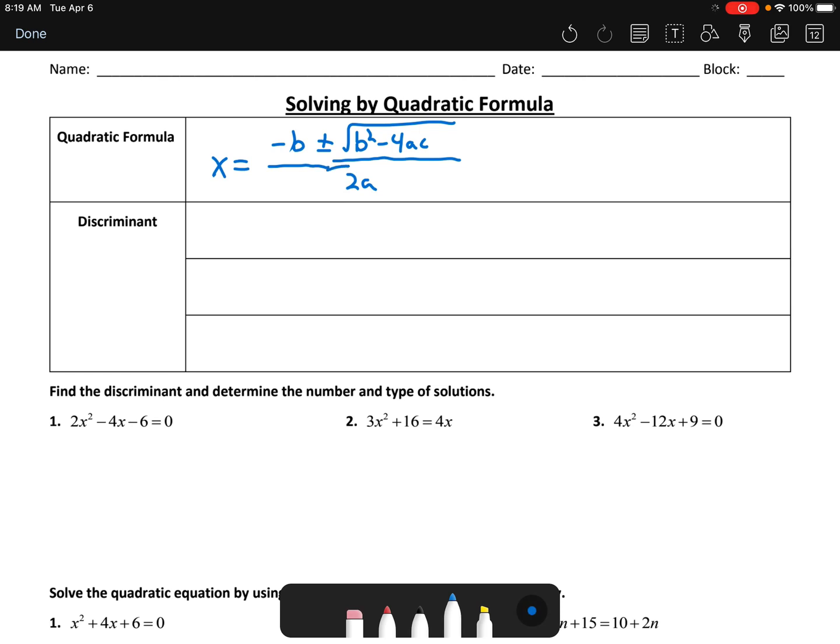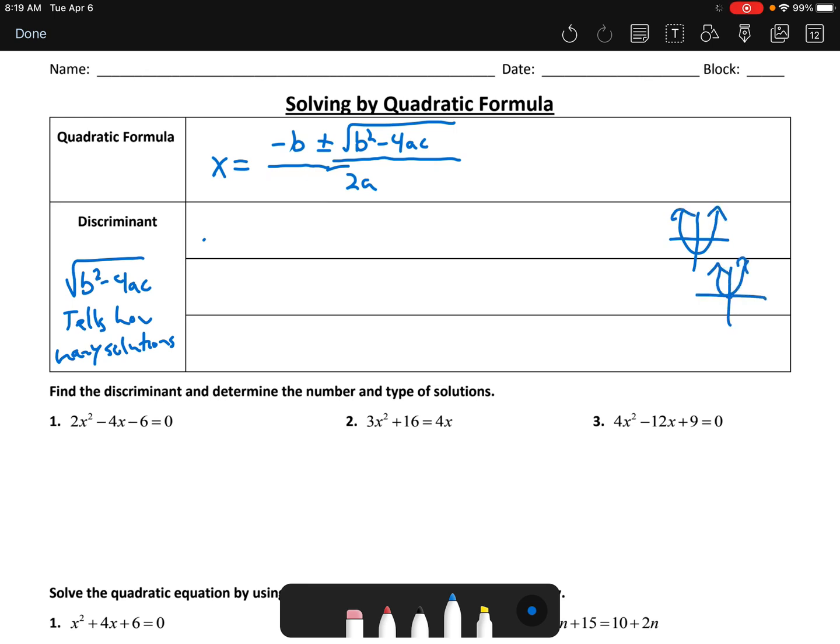Now the discriminant is the square root part. That's this, the b squared minus 4ac, and that tells us how many solutions, meaning that tells us if the parabola is going to go through 2 places, 1 place, or no places, like that.